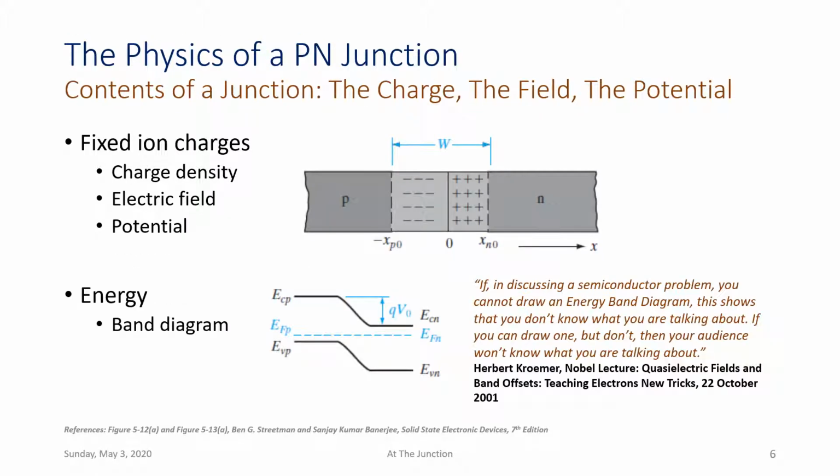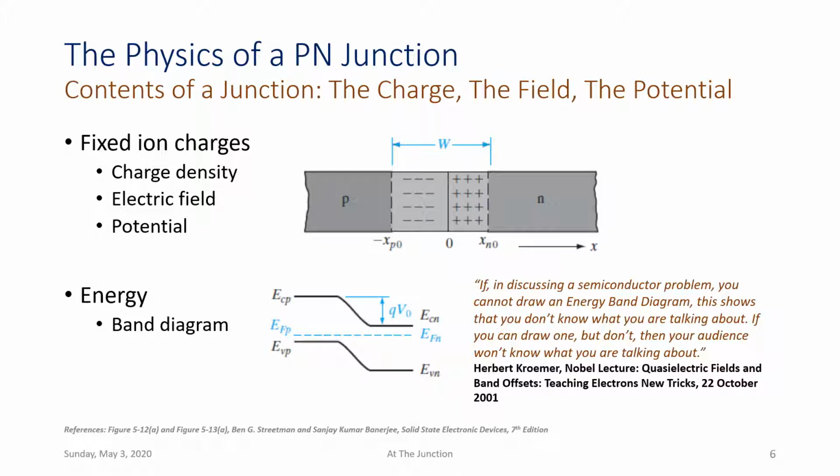So what are the contents of a junction? If we explore carefully, once we form a p-n junction, the mobile carriers would travel close to the junction, cross over, and form fixed ions. These fixed ions form on the p side and the n side.